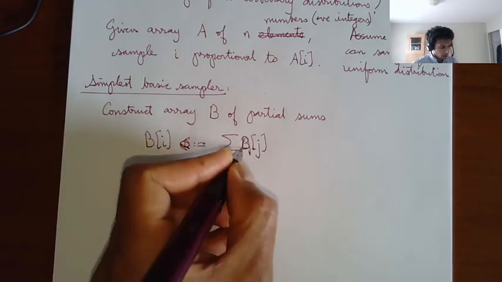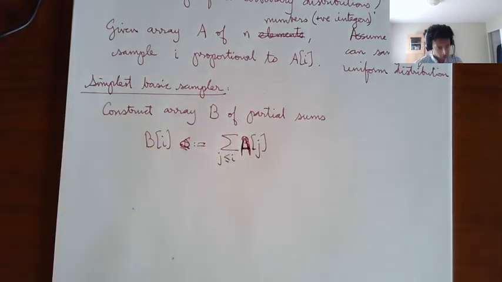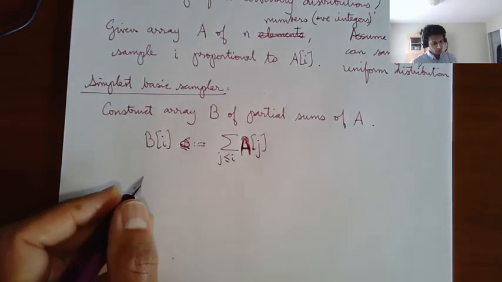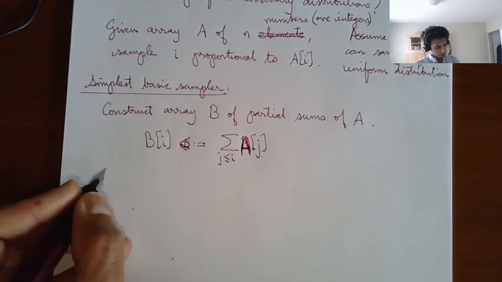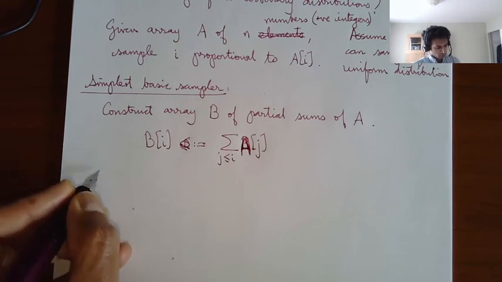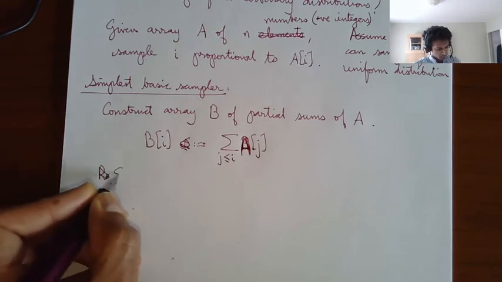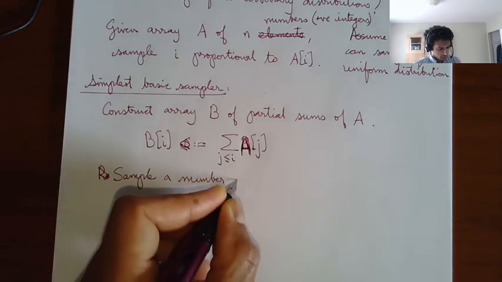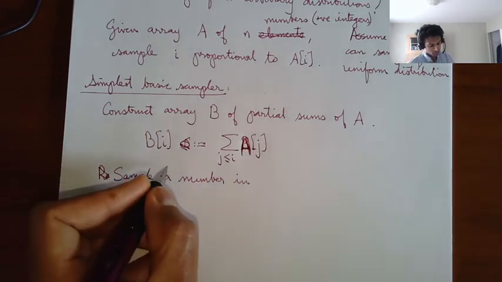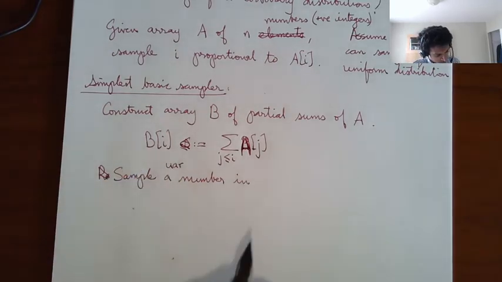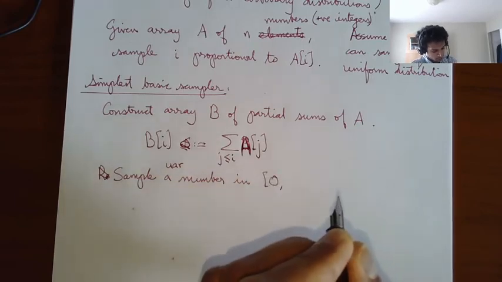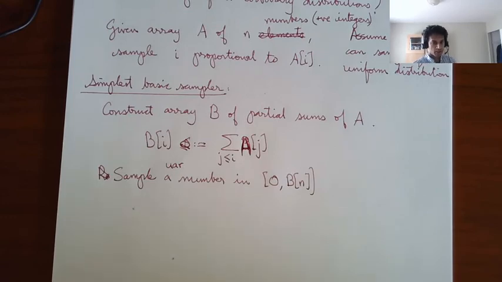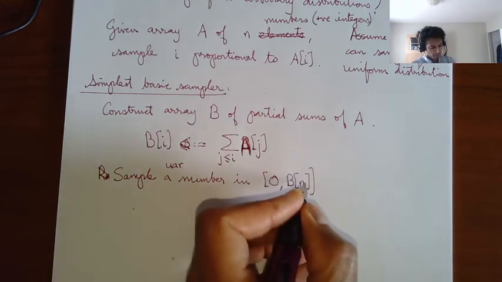Yes, I'm sorry, A of j. That's right. All partial sums of A. So you construct the array of all partial sums, then sample a uniform at random number in 0 to B of n, the sum of all entries, or B of n minus 1 or n.